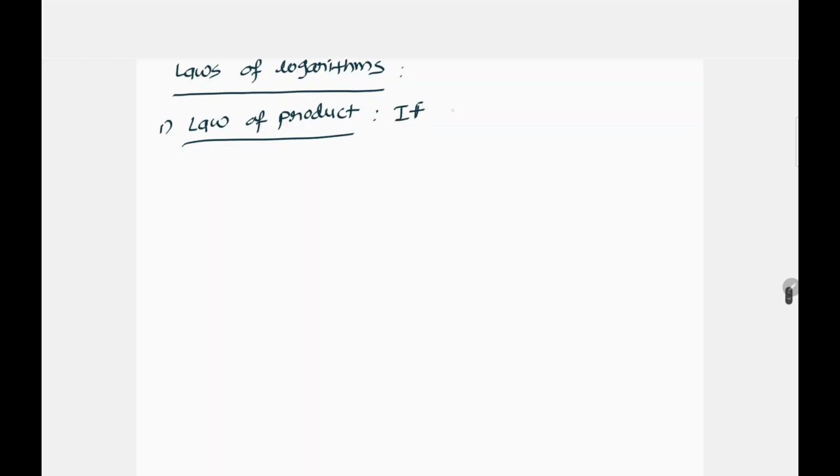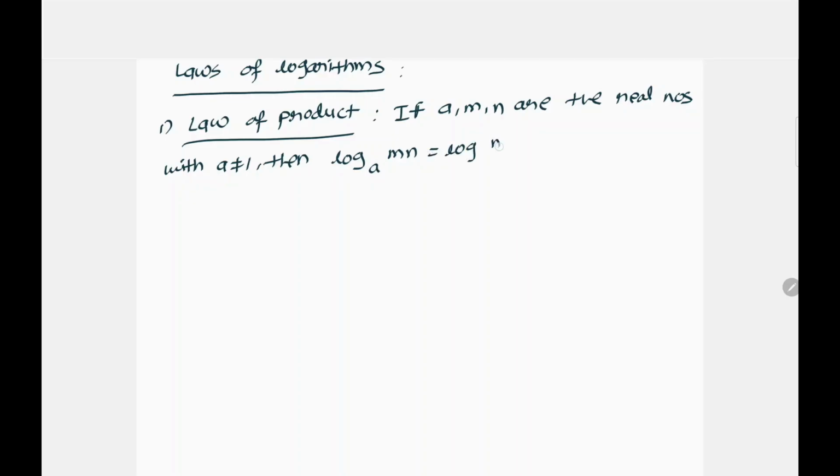Statement, if a, m, n are positive real numbers with a is not equal to 1, then log mn to the base a is equal to log m to the base a plus log n to the base a. Now we will prove this.